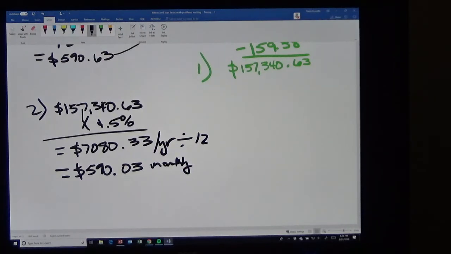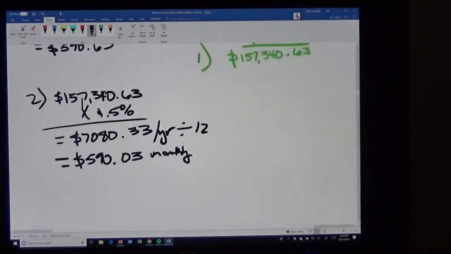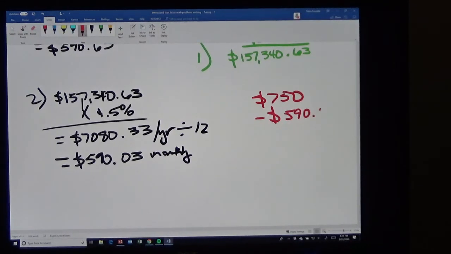Now we go back and look at our full payment. Our full payment is still the same as $750. So we're paying $750, but paying first out of that $750, we're paying $590.03.